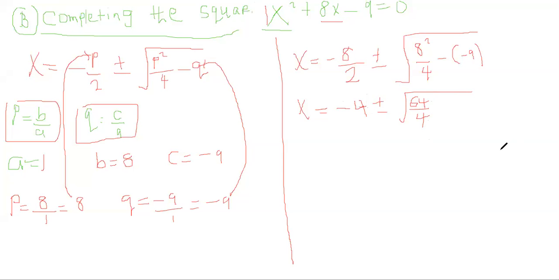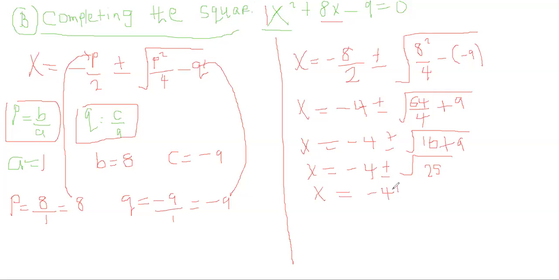Okay. So 64 over 4 minus and minus, it will be plus, then 9. So we go further, x equals minus 4 plus or minus, and 64 divided by 4 will give us 16 plus 9. So x will be equal to minus 4 plus or minus the square root of 25, and the square root of 25 is 5.